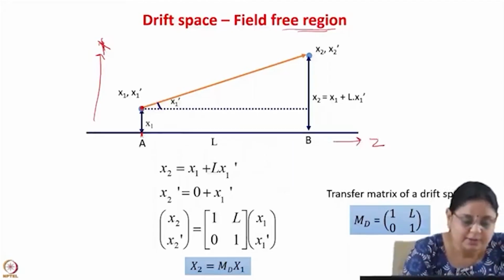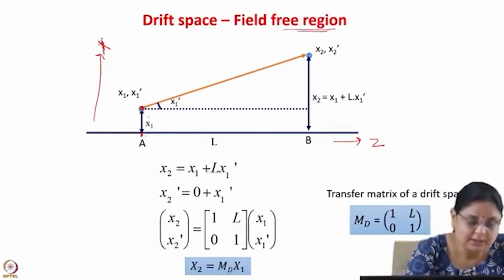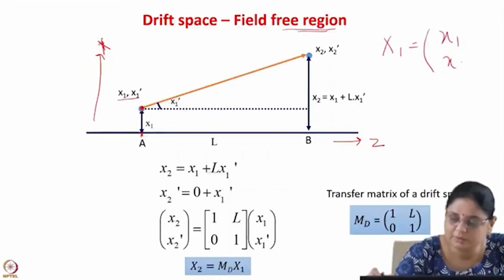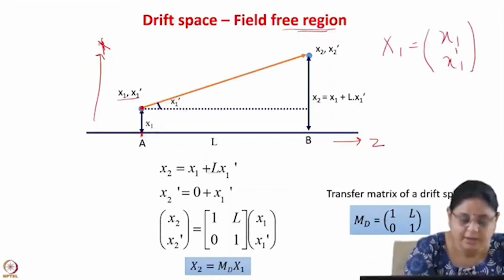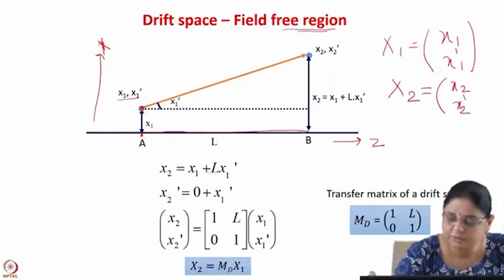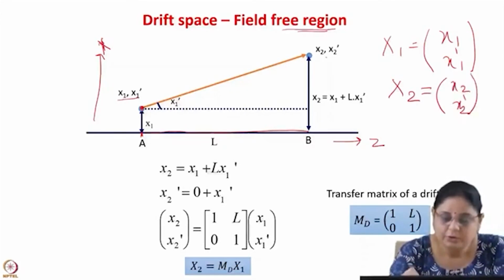In the beginning the charged particle is at coordinates x1, x1 prime, and after traversing a distance L, it goes to new coordinates x2, x2 prime. Now we want to find out the values of x2 and x2 prime.